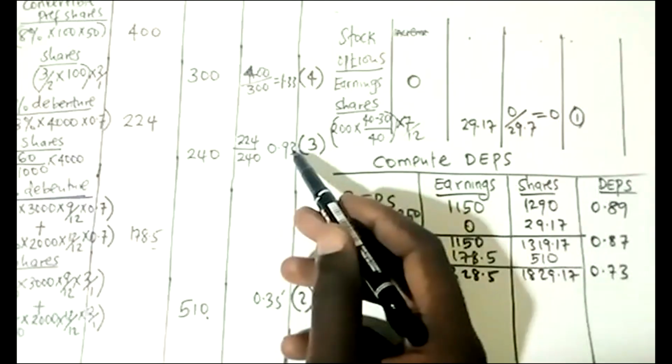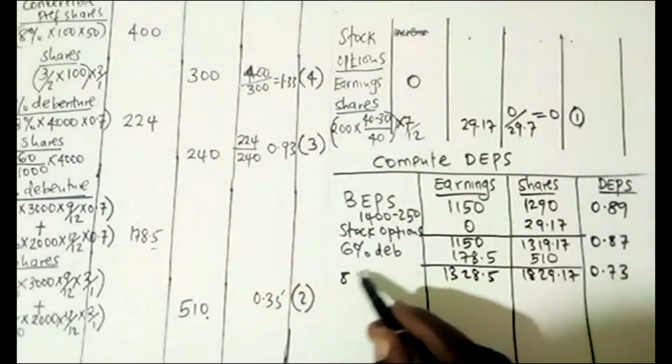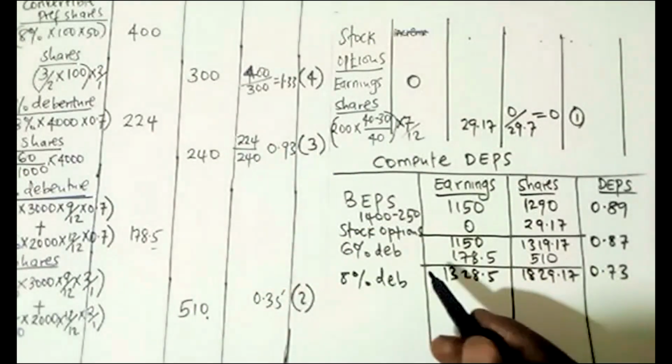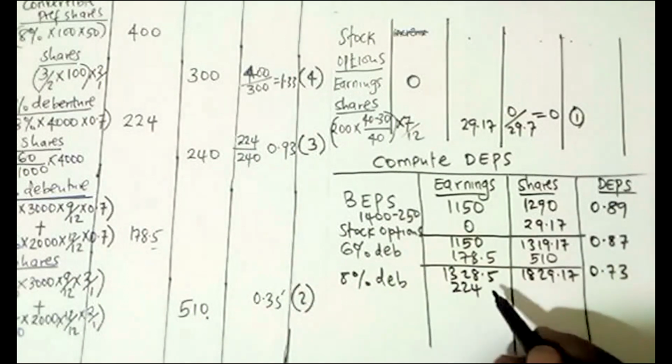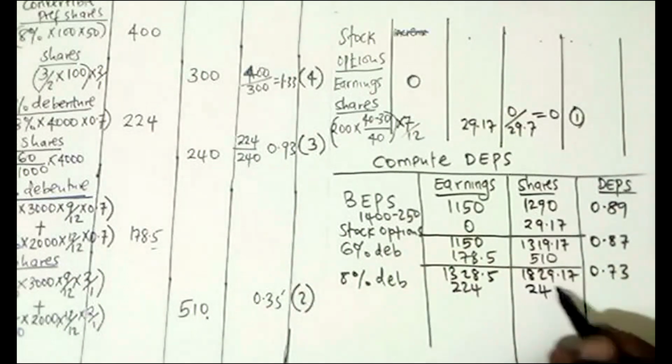Number three was the 8% debenture. Earnings 224. Shares 240.